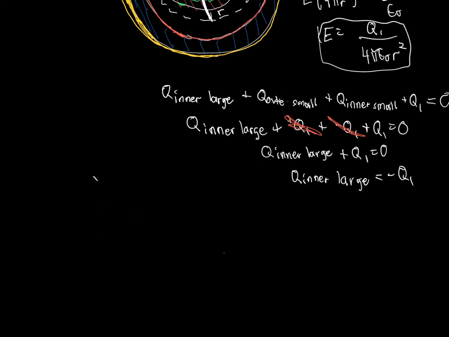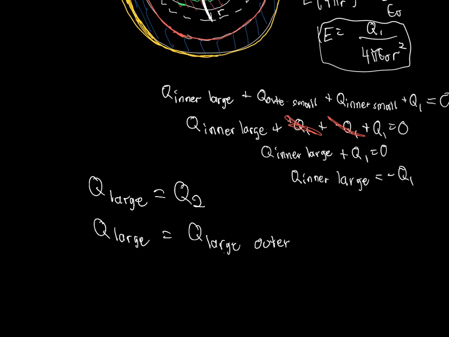So the large shell, I think we called it Q large. Total on Q large is Q2. We're given that at the very beginning. Q large is equal to Q large outer, which is what we're looking for, plus Q large inner. The two surfaces of the shell, inner and outer.